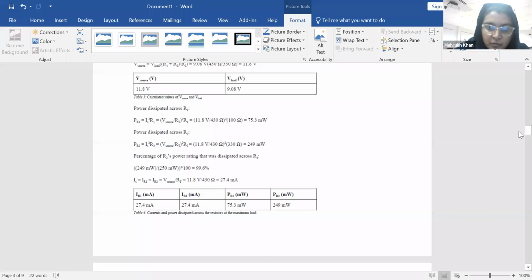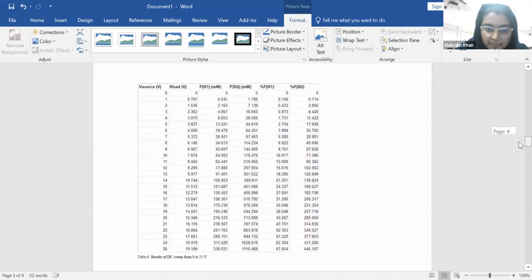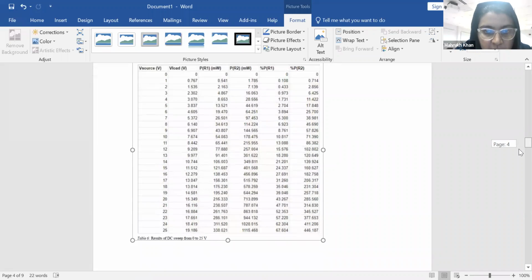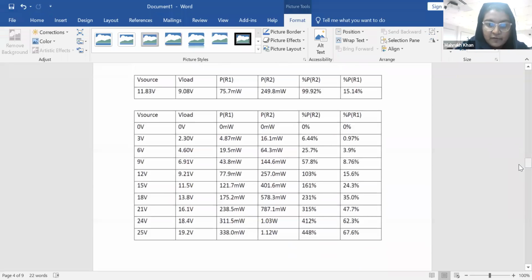So if you now make the table, you can use fewer values too. You can just do 0, 3, 5, something like that, okay? But if you see, in the 12 volt section, the PR2 percentage dissipation is 100%, right?